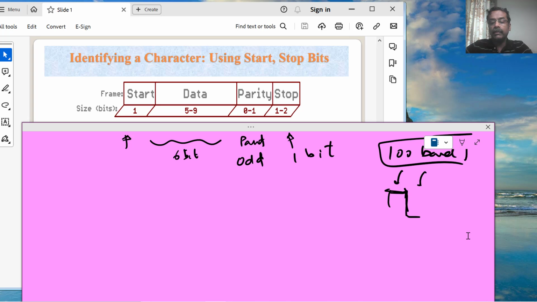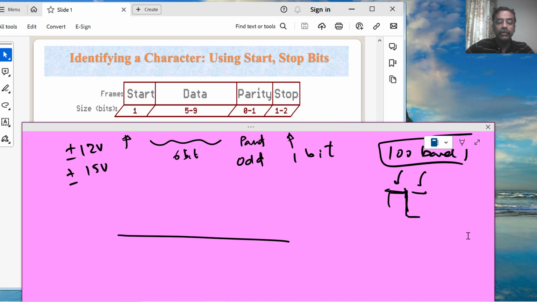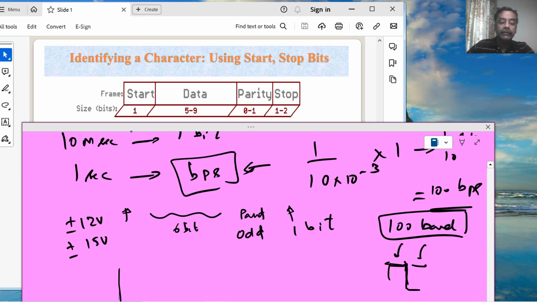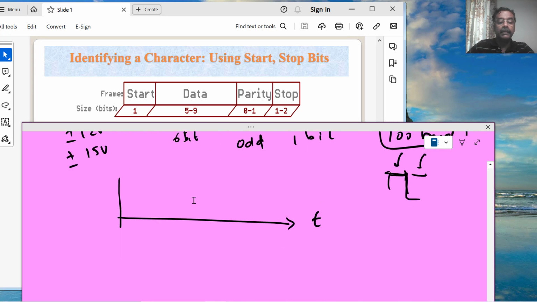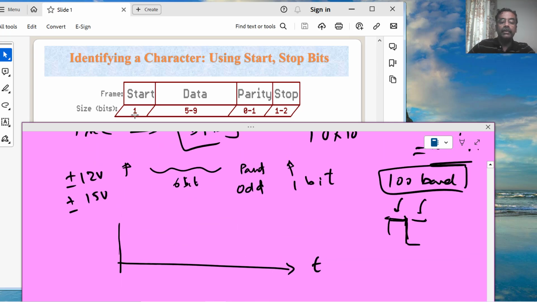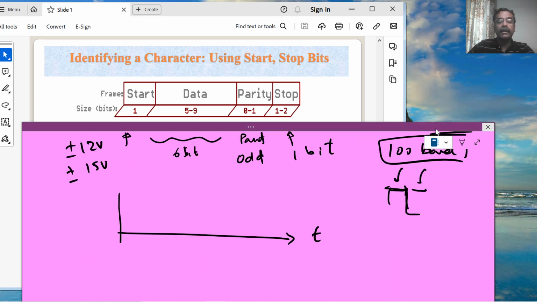We don't have to mention the width of these pulses. Now, this is not enough. I need to say plus or minus 12 volts or 15 volts, which is the particular combination we have taken. Now, this is the timeline, and then let us have the voltage line. We have decided that we are going to use this combination of information, right?